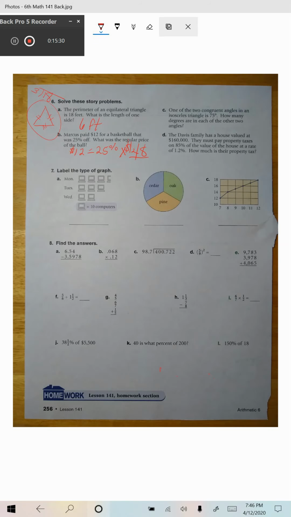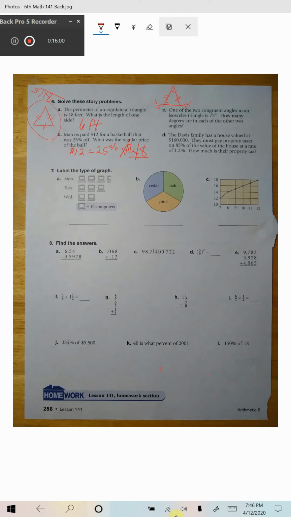One of the two congruent angles in an isosceles triangle is 75 degrees. So how many degrees are each of the other two? So remember, isosceles has two angles the same, right here and right here, and then this one would be different. So if this angle right here is 75, and this angle right here is 75, then what is the third one?